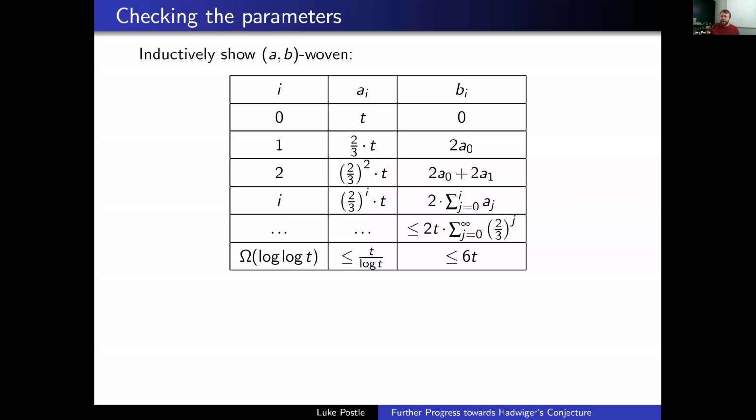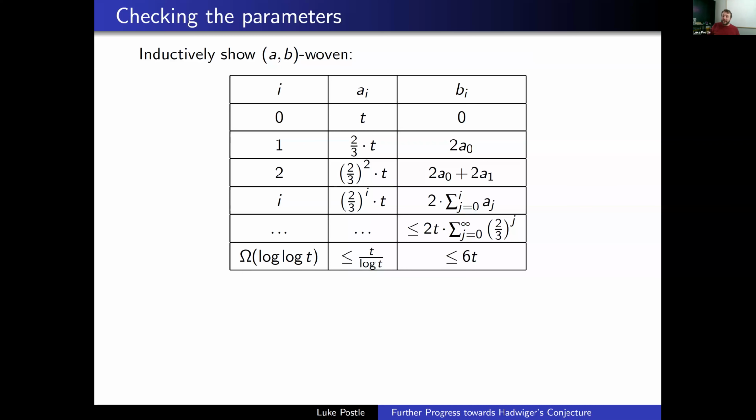And then the next time I'm going to get 2A1 and then 2A2, etc. But importantly, I only have to preserve the linkage of things above me, only parent linkages in this recursive tree. And they're getting smaller. So you're going to get 2 times the sum of the AJs, but each time they're going down by 2/3, the geometric series adds up to 6t, amazingly.